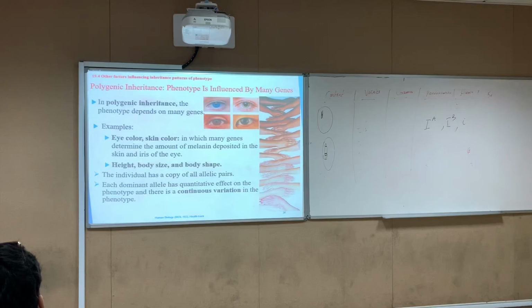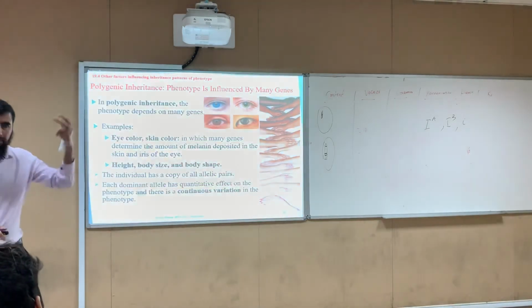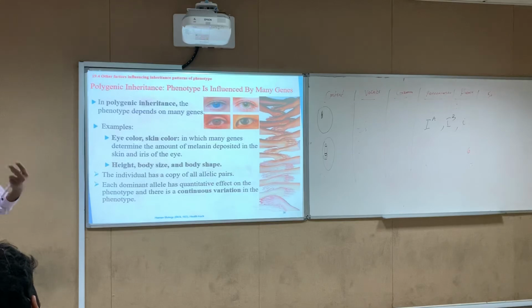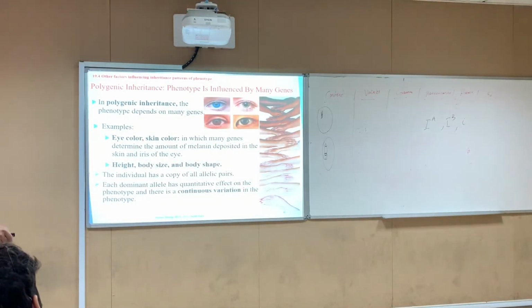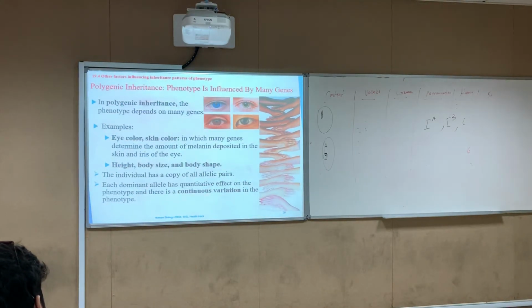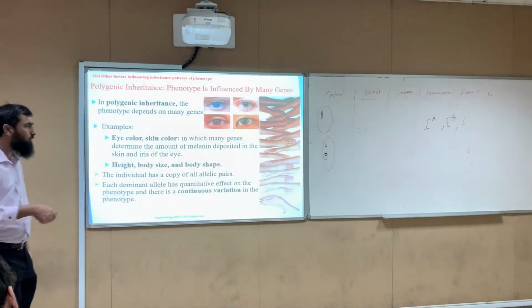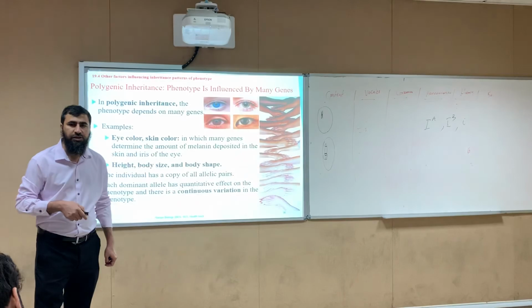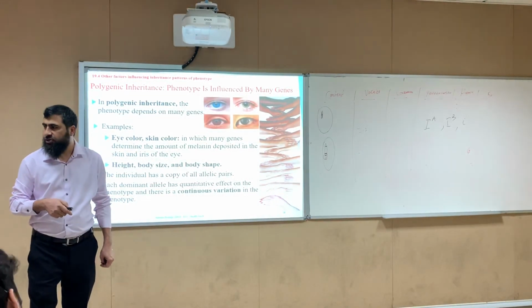Each gene has an allelic pair. Remember, you get one from your mother, one from your father. So many genes work together, each in allelic pairs, and you get this continuous variation, from the combination of the alleles of those different genes.